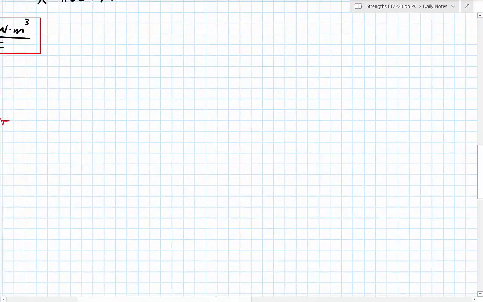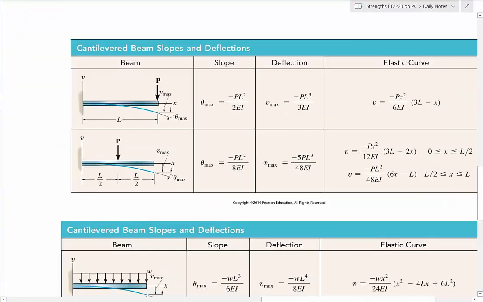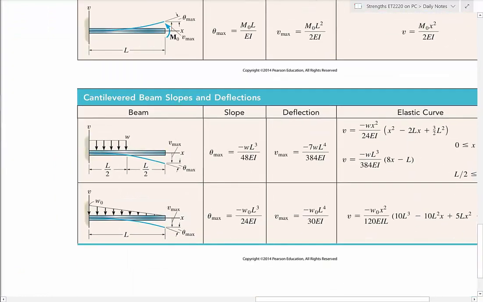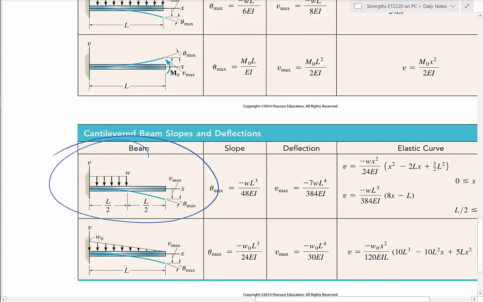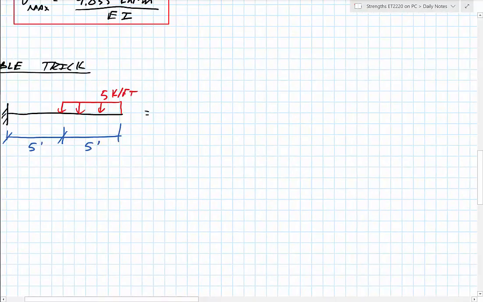Well, if I come over here to my cantilevered beams and look at a distributed load, that does not exist. I do have this one, but the problem is that distributed load is on the side closest to the wall. Well, I have the opposite, where the distributed load's on the opposite side. It's over here.